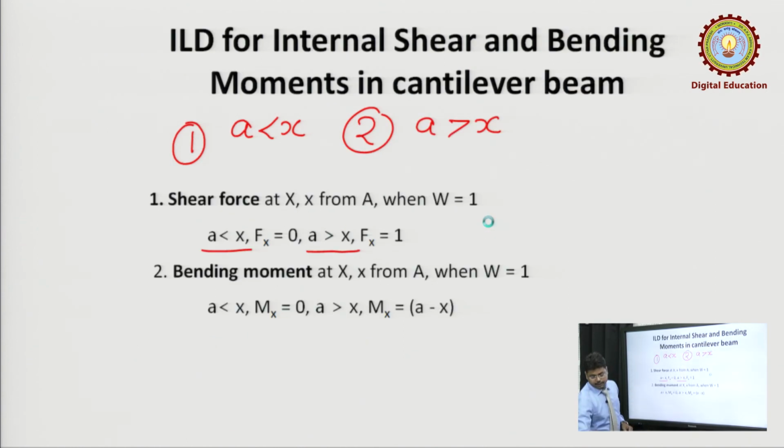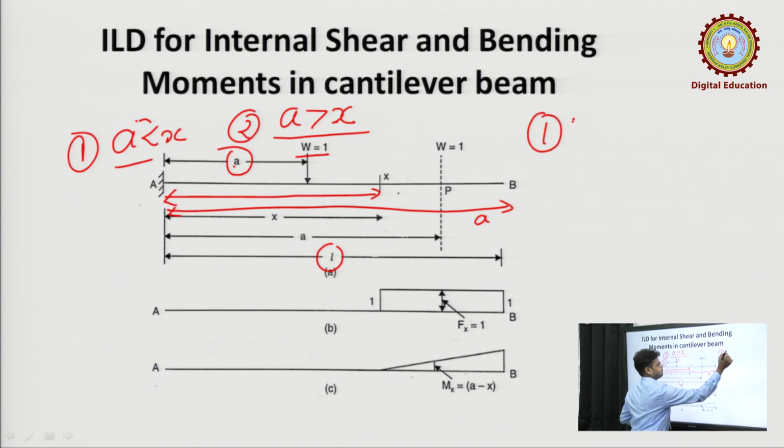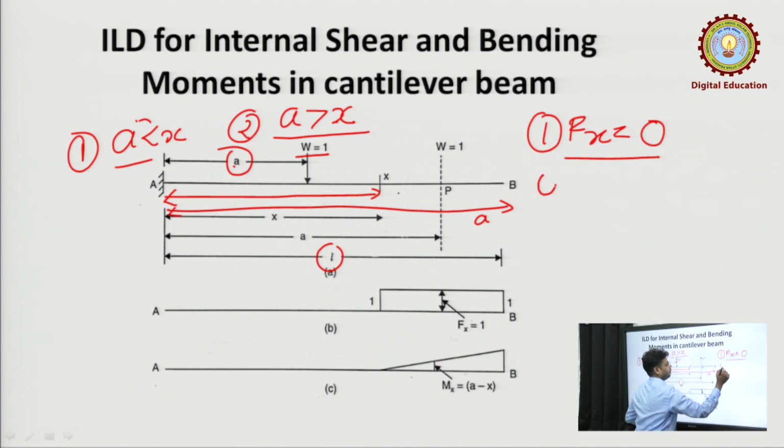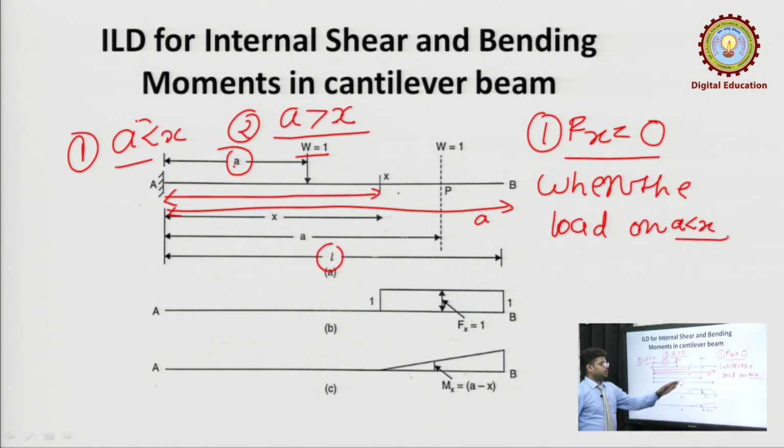The shear force in that region will be 0. Shear force will be 0 when the load is in that region in between A and x.